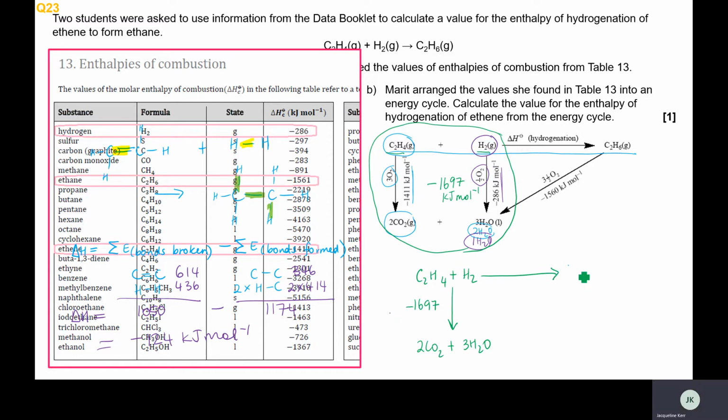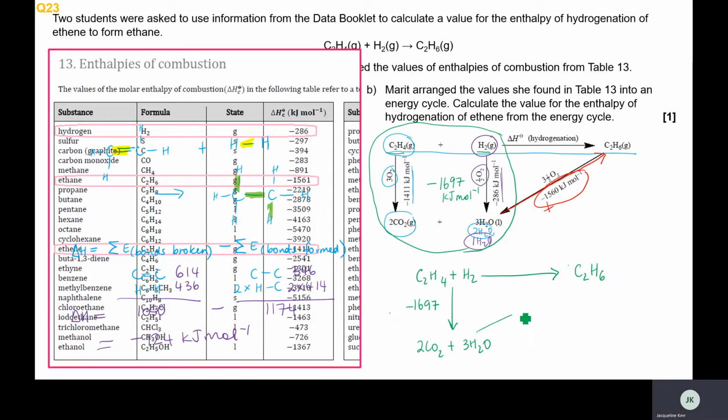And we want to know to make ethane. Now this information here, we want to take that arrow and reverse it. So we're going to take that value and change the sign.